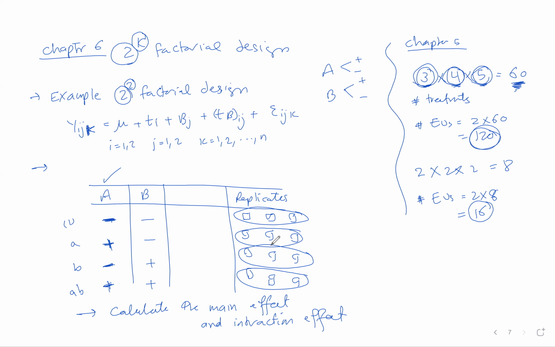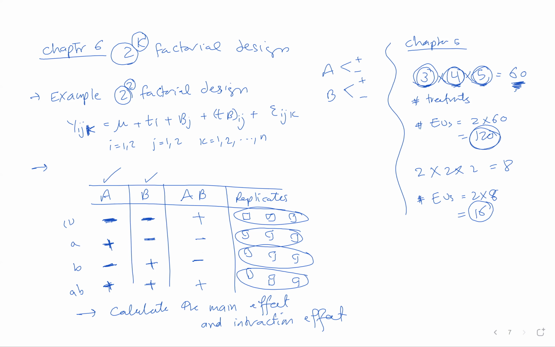And if you'd like to estimate the interaction AB, you need to have a column AB, so you need to multiply A times B. Minus times minus gives plus. Plus times minus gives minus. Minus times plus gives minus. Plus times plus gives plus. So again, I will have 2 pluses, 2 minuses.